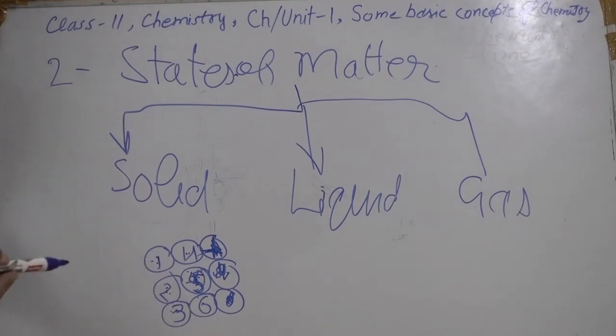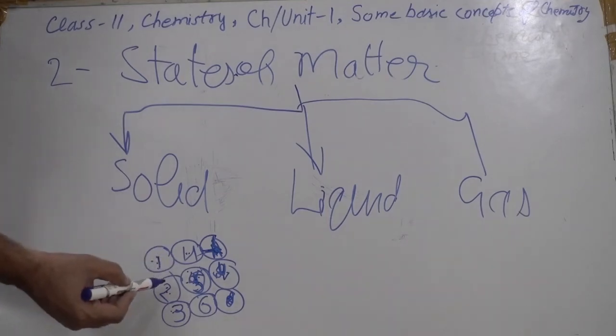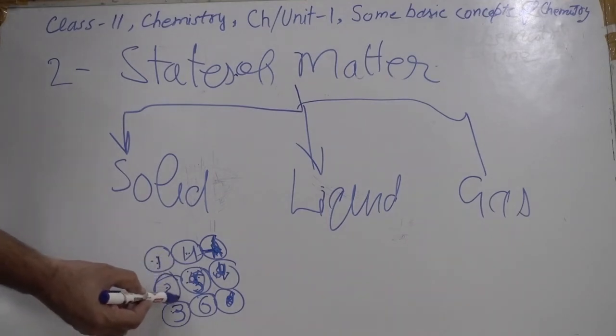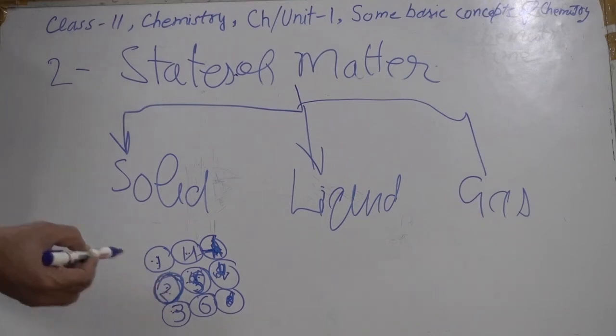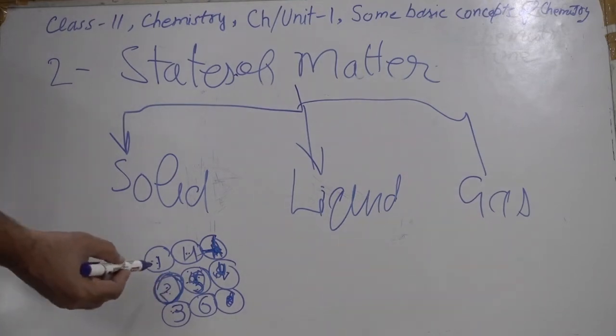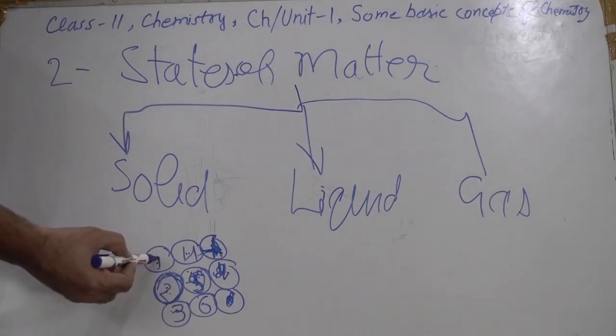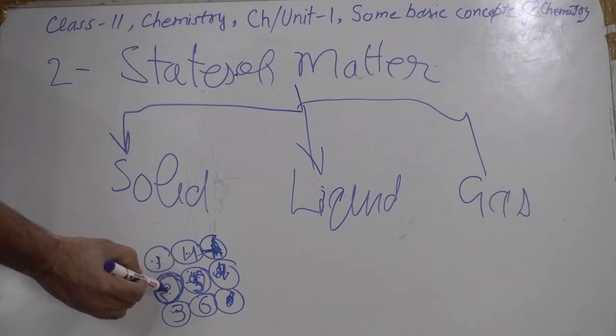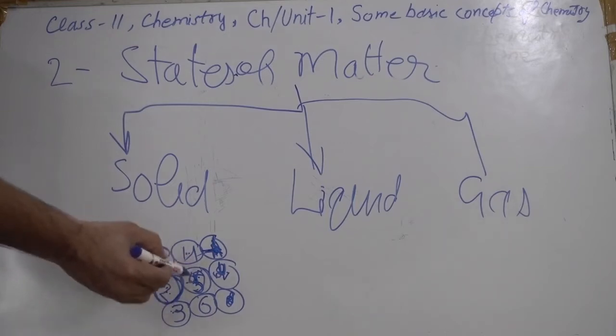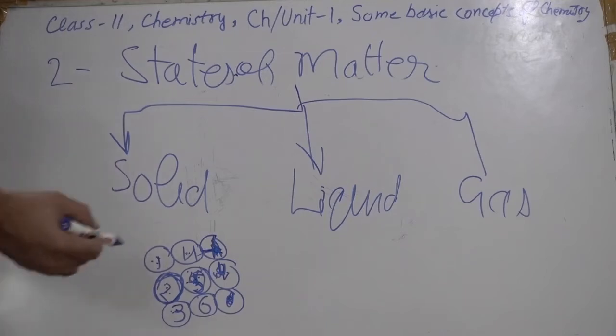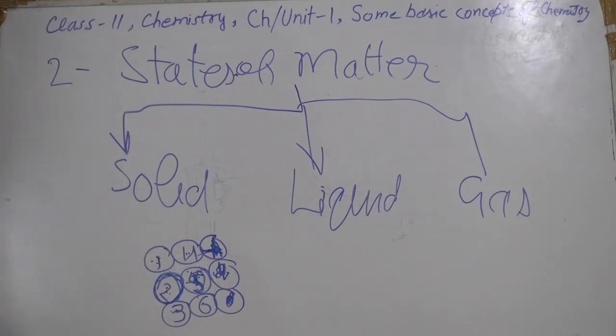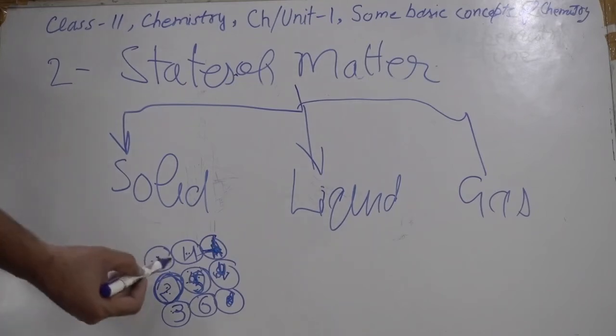I am not talking about this. Here it vibrates, it also vibrates, it also vibrates. These keep on vibrating due to the thermal energy. If the temperature is above 0 Kelvin, and remember that nothing in the universe is at 0 Kelvin, that means what?